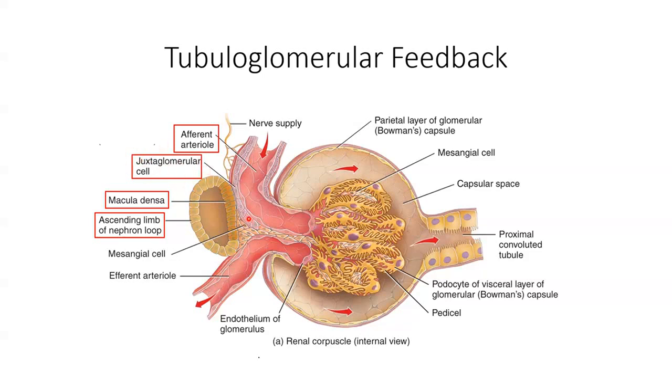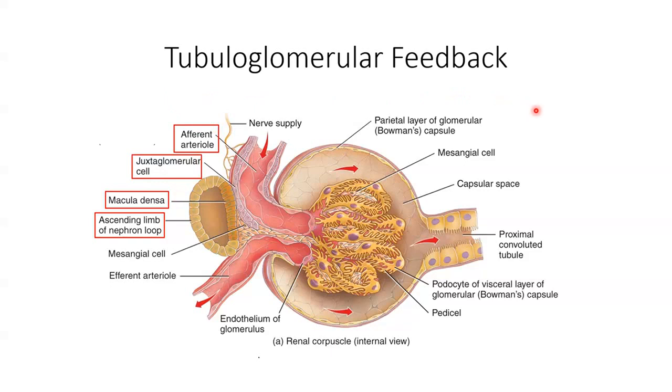So they're these kind of purple looking cells along here. And together, our juxtaglomerular cells and our macula densa cells form the juxtaglomerular apparatus. And so this is the apparatus which is responsible for tubular glomerular feedback.